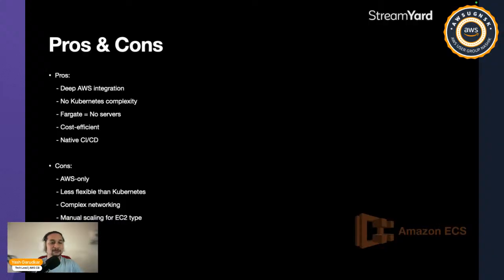Pros and cons. What are the pros of our ECS deployment? It enables us to do a deep AWS integration. What does it mean? All your application is communicating with other AWS services, making use of them, and getting deployed. It's a very tightly coupled application with AWS, and I think that is a pro, because now everything runs on AWS.